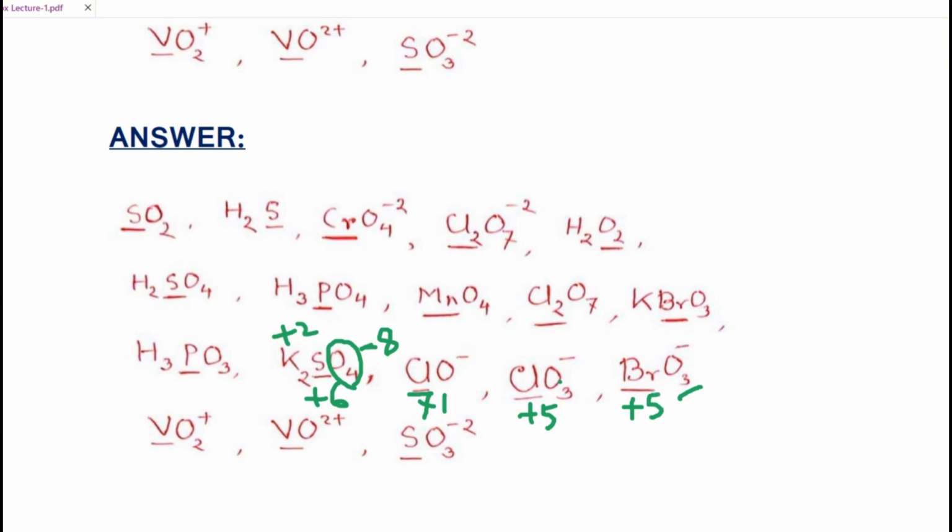Here 2 to the 4 plus 1, you will get plus 5 vanadium. Here you will get 4. Here 3 to the 6, 4, sulfur will be plus 4. This is your answer.